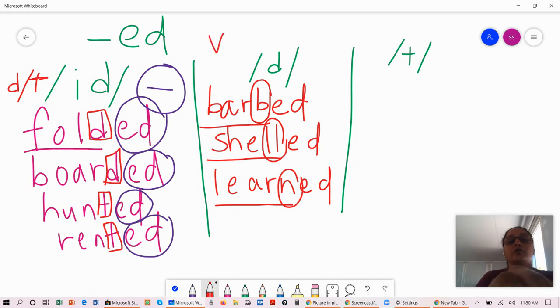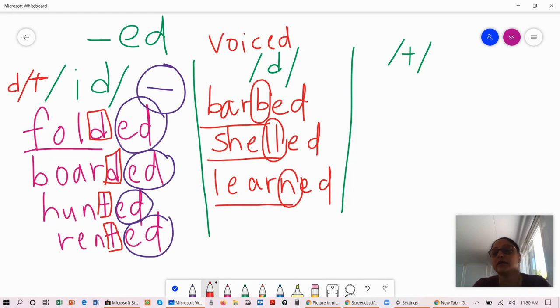So you use the sound d. Like we don't say barbed with a t, we say barbed with a d. We don't say shelled with a t, we say shelled. Learned. So whenever the root word has an ending sound that's voiced, we use the d sound.